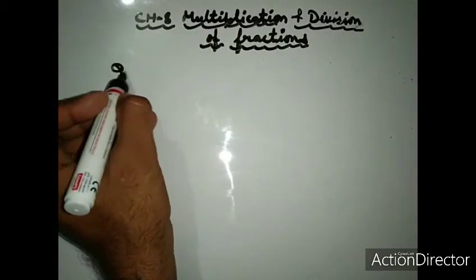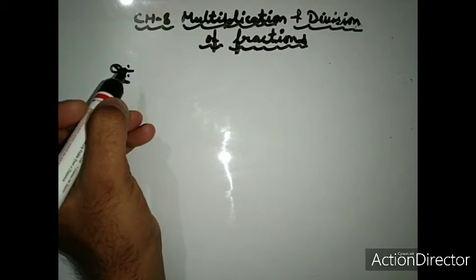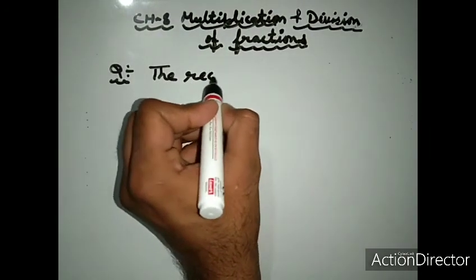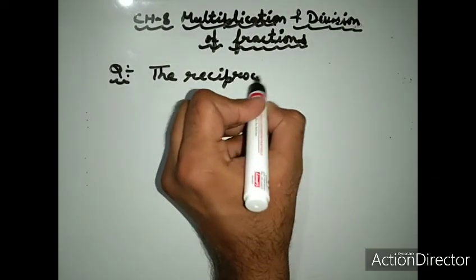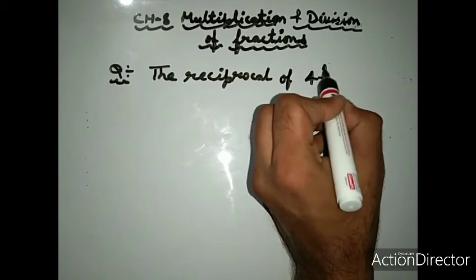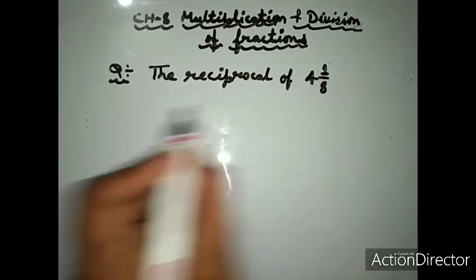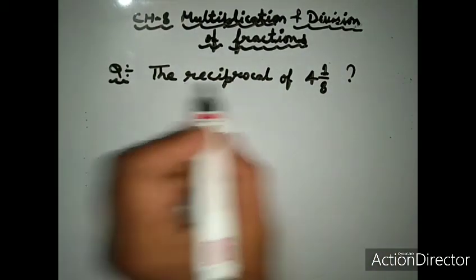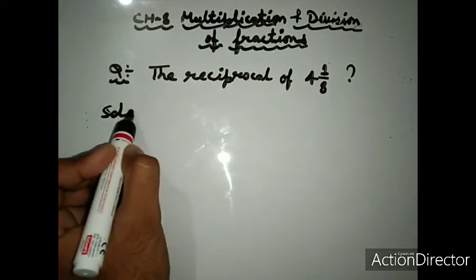Now here we take another example: the reciprocal of 4 whole 1 upon 8, right? So here we find the reciprocal of 4 whole 1 upon 8.